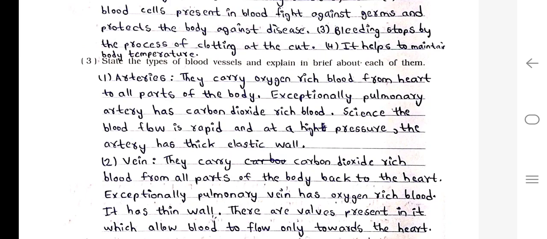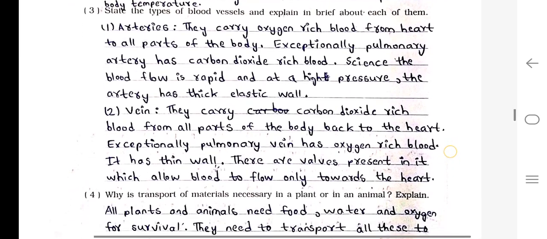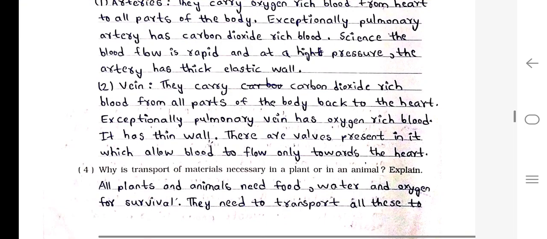The blood flow is rapid and at high pressure. The artery has a thick elastic wall. 2. Vein. They carry carbon dioxide-rich blood from all parts of the body back to the heart.